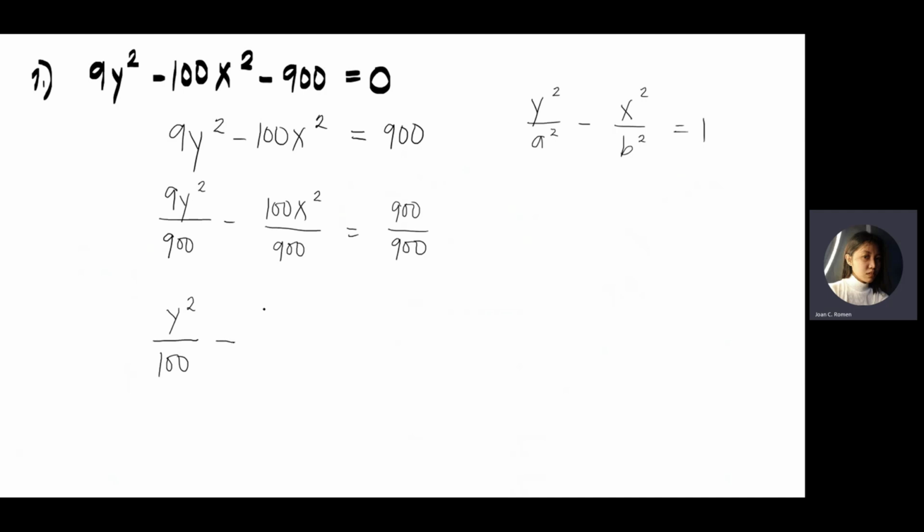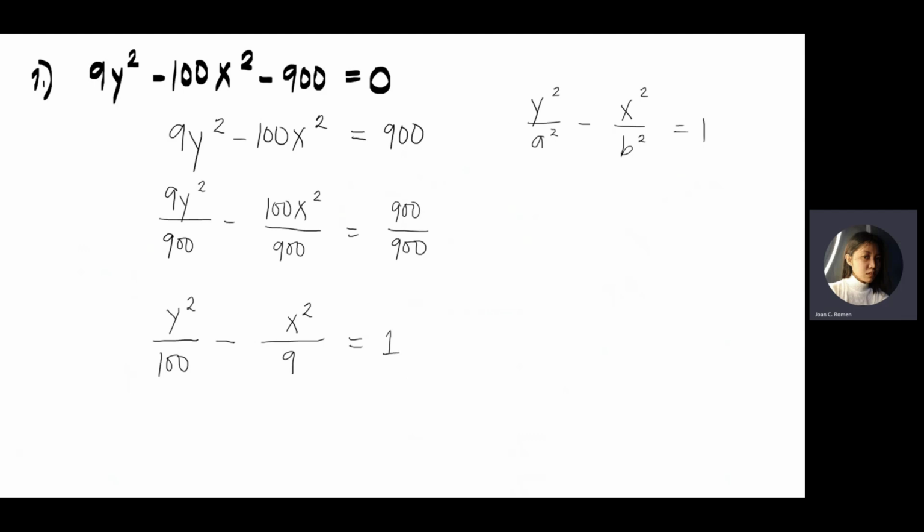Next, simplify natin si 100x squared over 900. So 900 divided by 100 is equal to 9. Again, nasa denominator ang matitira kasi nasa denominator ang mas mataas. So then the numerator is x squared, and 900 divided by 900 is equal to 1.